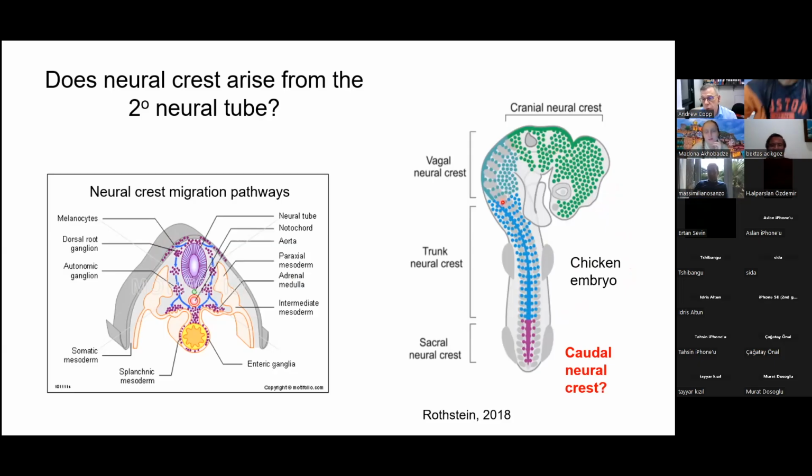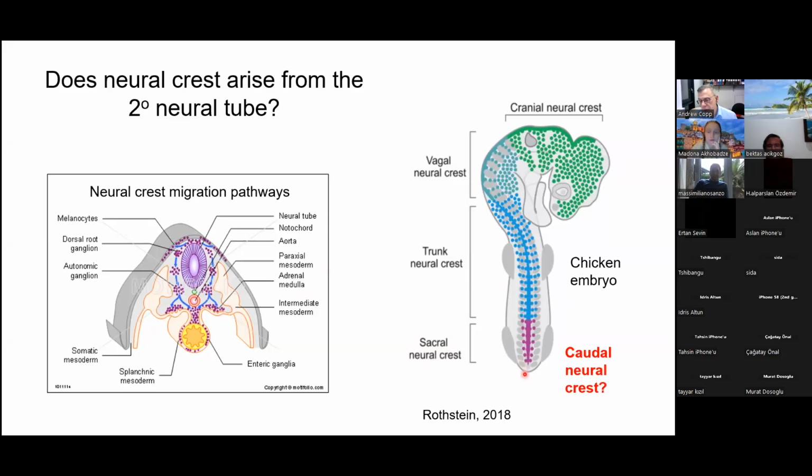We have the vagal neural crest that gives rise to the enteric nervous system and also to the outflow tract of the heart. We have the trunk neural crest that gives rise in a segmental way to the dorsal root ganglia, to the spinal ganglia. And then in the chicken and birds, we have a sacral neural crest origin as well, which has not really been demonstrated in mammals. So that's a bit mysterious, but certainly in birds that can be demonstrated.